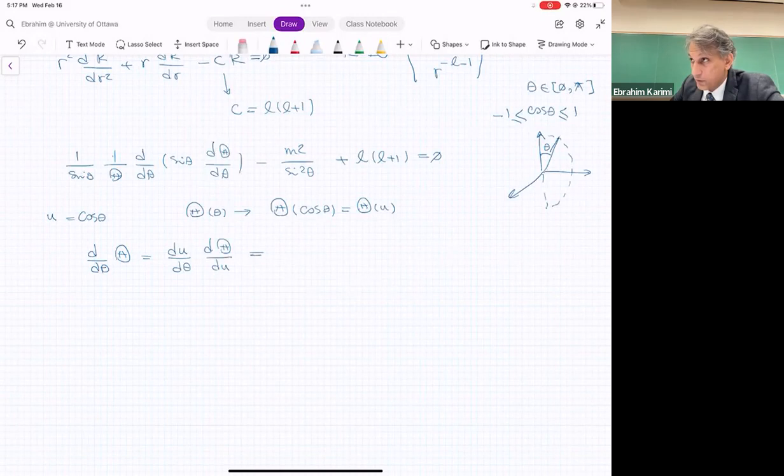The derivative of cosine with respect to theta will be minus sine of theta, times d theta capital du. All right.